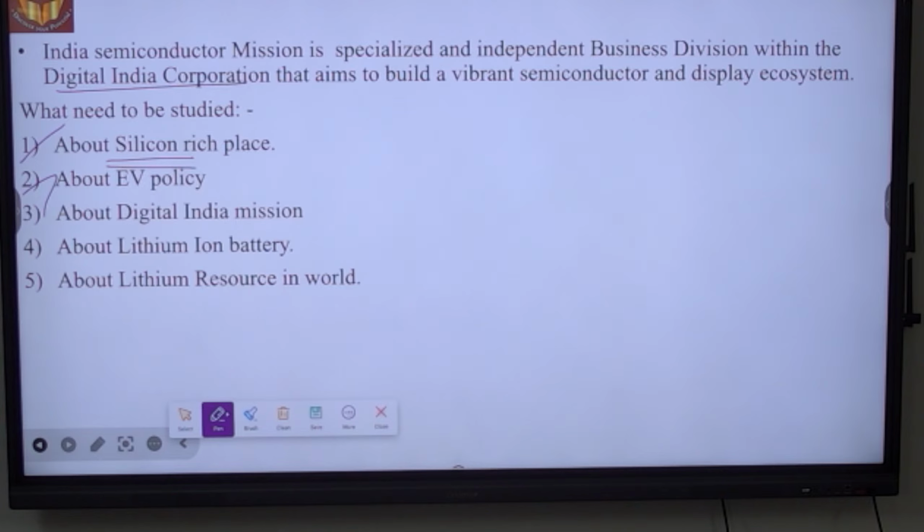Because of the transition of our economy from fossil to non-fossil fuel like electric vehicles, there is a need for production of semiconductors. Why? Because the electric vehicle will be made of this kind of chips only.